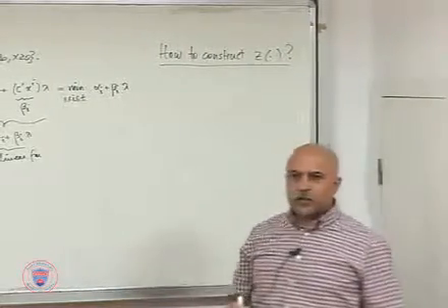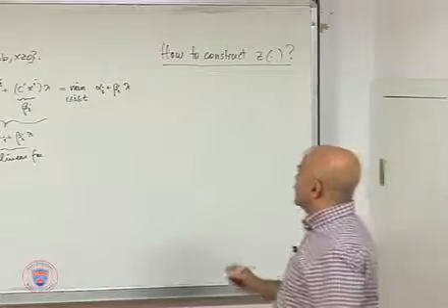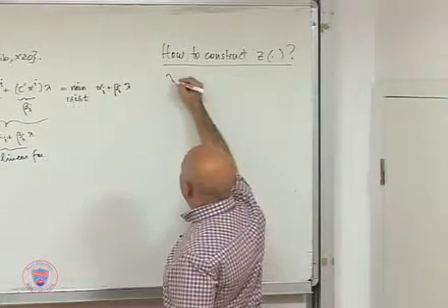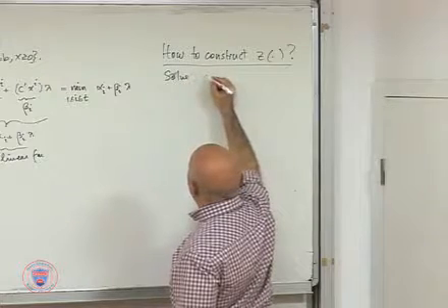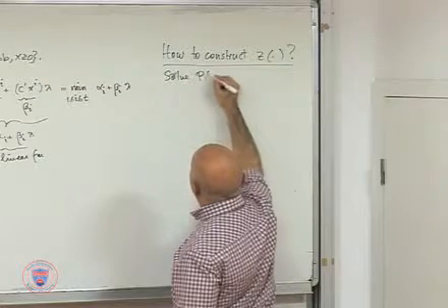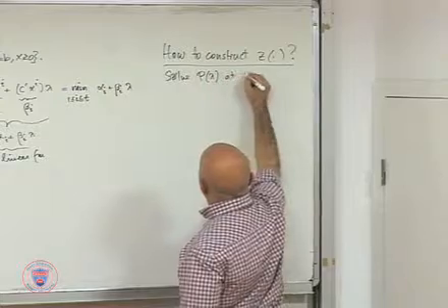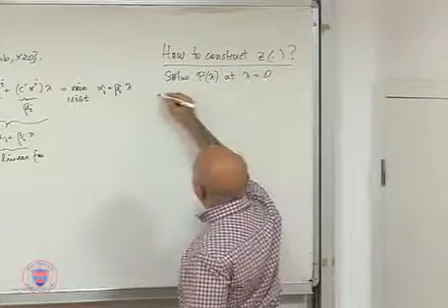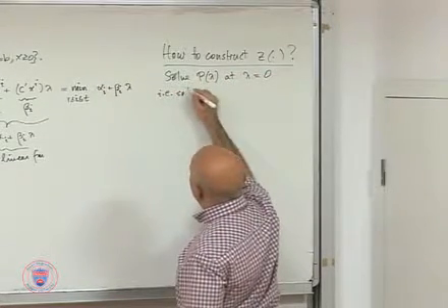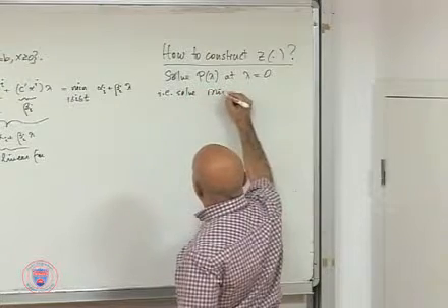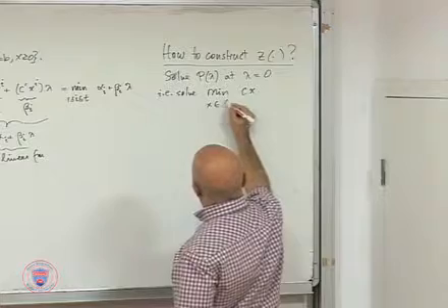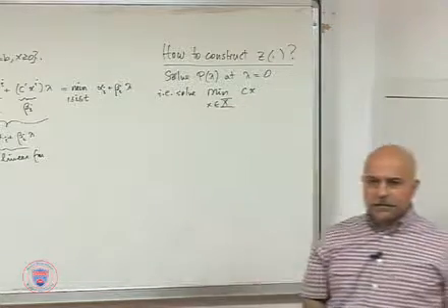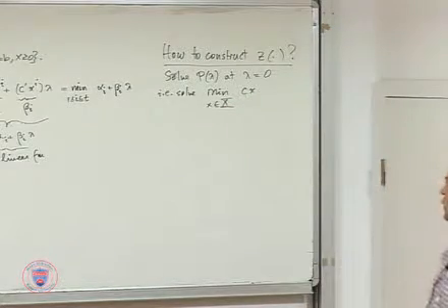That's the next question. Well, it's quite simple. Solve P of lambda at lambda equals 0, which means you solve the problem: minimize c'x over x in the feasible set, with lambda equal to 0.